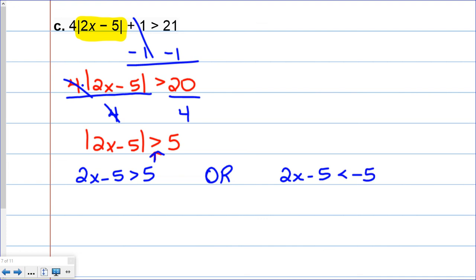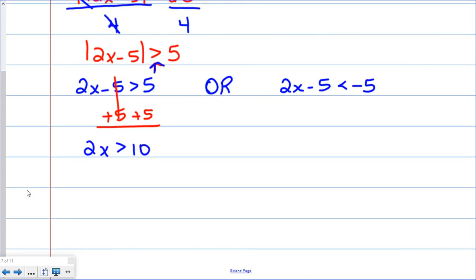Now then, let's go ahead and solve each of these. So we're going to add 5 to both sides. We have now 2x is greater than 10. And if we divide by 2 on both sides, then we get x is greater than 5.